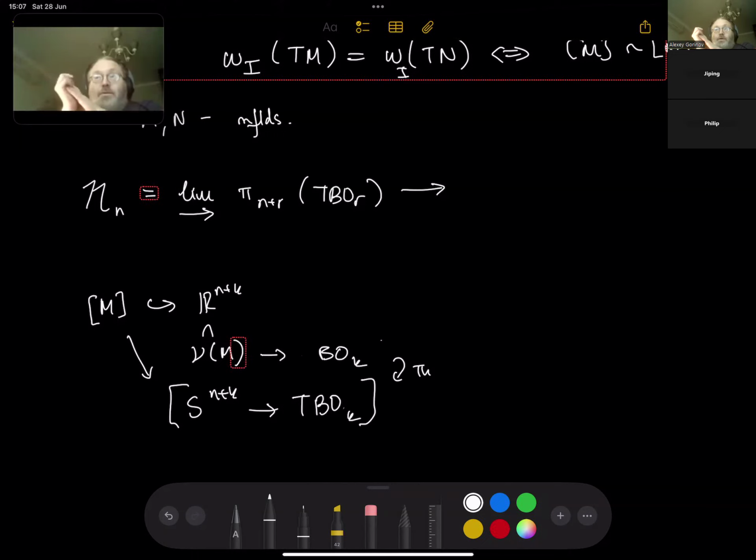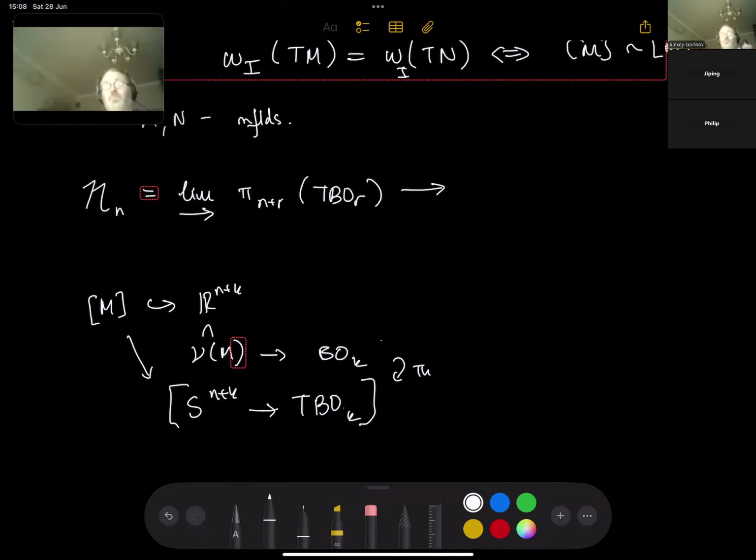This is the Pontryagin-Thom map, and we know that the manifold M is a boundary if and only if the resulting map from the sphere to TBO_K is zero when we take the limit. It may not be zero on the nose, but it needs to vanish in the limit.